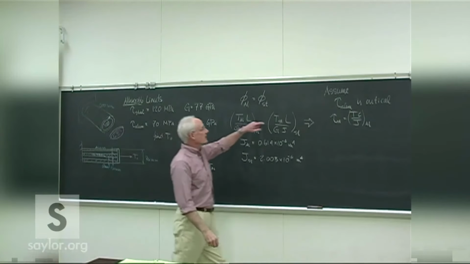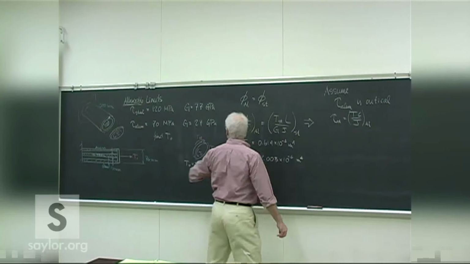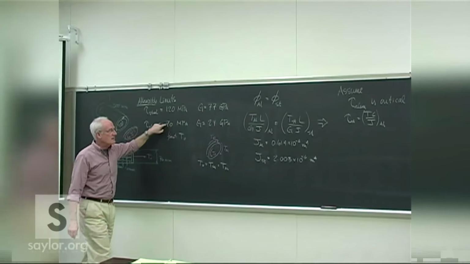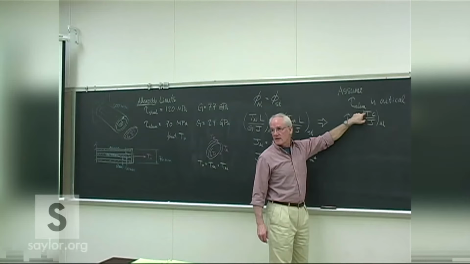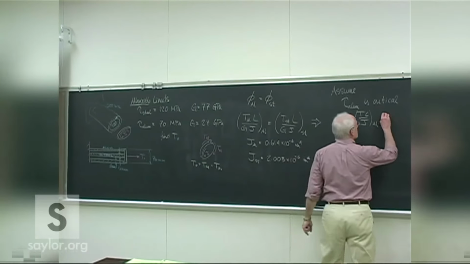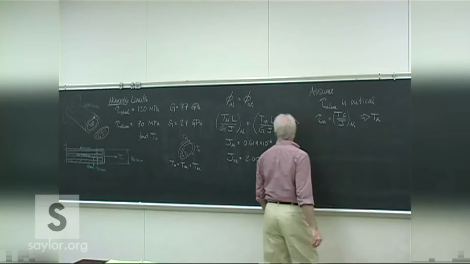So assume one or the other is critical. You don't know which. You have to take a guess. Assume that we're at this critical limit on the aluminum, 70 megapascals. Everything else is known so that we can then find the torsion expected on the aluminum that will make it critical.